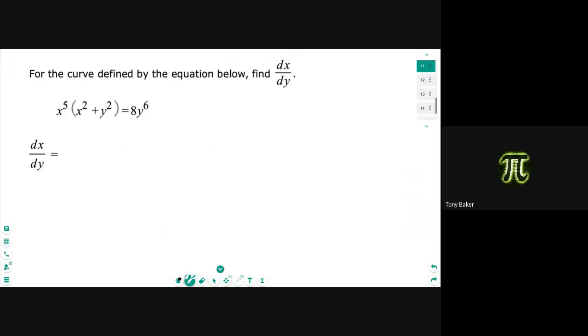So in my opinion, I would distribute this. I guess actually it doesn't really make much difference, but I would just to clean it up a little bit. So we're going to take the derivative of both sides. So this x to the 7th becomes 7x to the 6th, x prime. So unlike before where you typically would have the y prime, in this one you're using x prime.